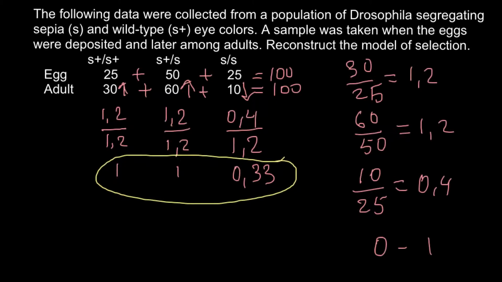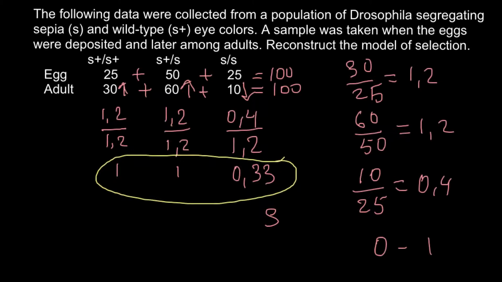Using this information, we can say that the relative fitness of this genotype would be much smaller than these two, and at the end we are going to lose this allele, the S allele.